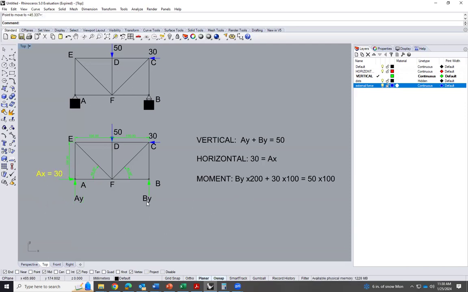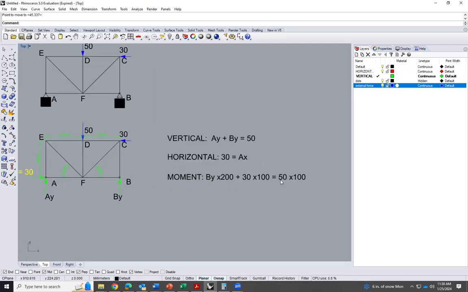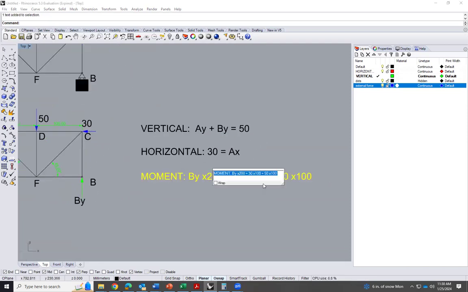I think we can calculate BY easily, because with this moment, we have BY times 200 equals 50 times 100, which is 5,000. And then this is positive here, so it goes to the other side of the equation as a negative number.